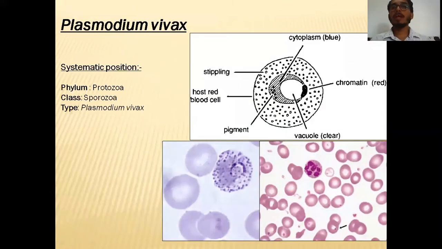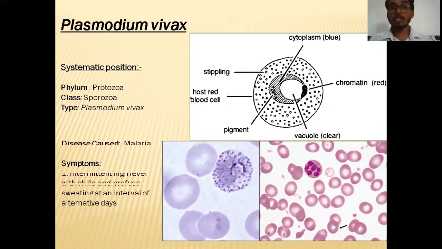Next comes Plasmodium vivax. Plasmodium vivax is another disease-causing organism which usually causes malaria in humans. Most students are usually confused about which organism causes malaria. Some may think it is the female Anopheles mosquito, which is wrong.